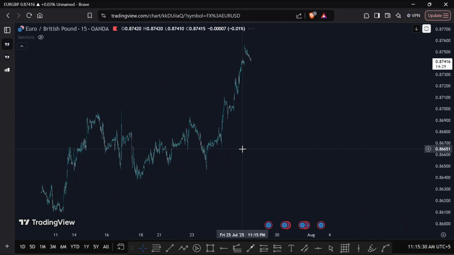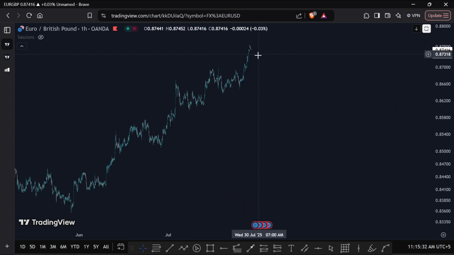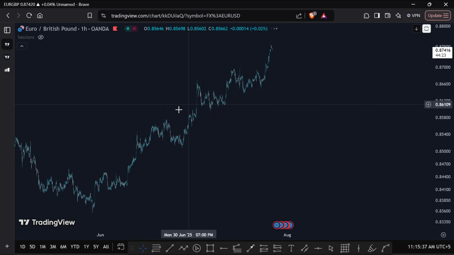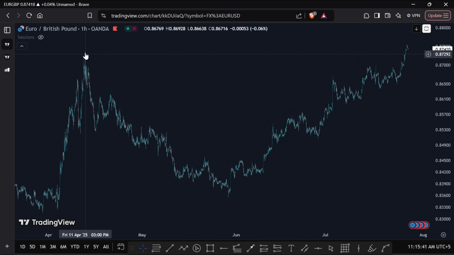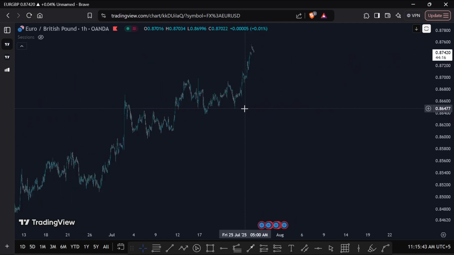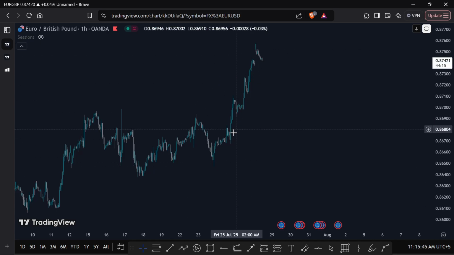When you look at Euro GBP, it has made this high, breaking out the previous high. When Euro GBP rises like this, when it's extremely bullish, Euro is more bullish and GBP is less bullish, or maybe you can say Euro is bullish and GBP is bearish.